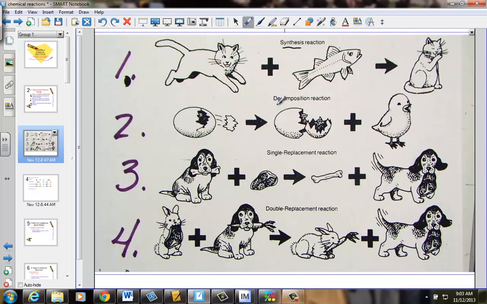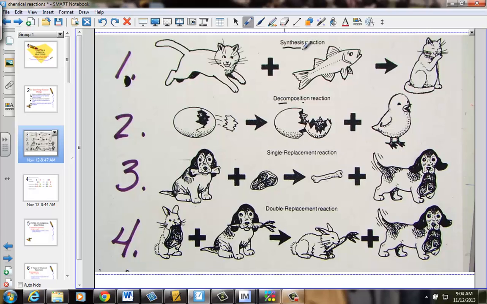Take a look at what's called a decomposition, to decompose. Notice now how we have a single reactant breaking into simpler products. We have an egg with a chicken hatching. A single reactant has now broken into simpler products where we see 2 separate ingredients on the opposite side of the arrow.